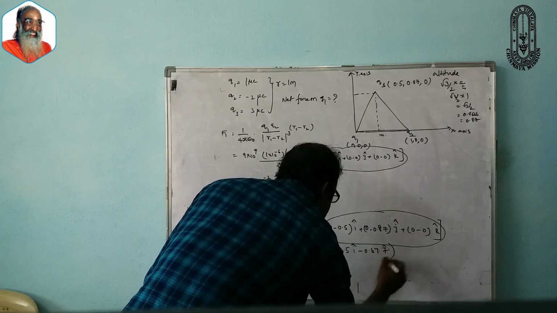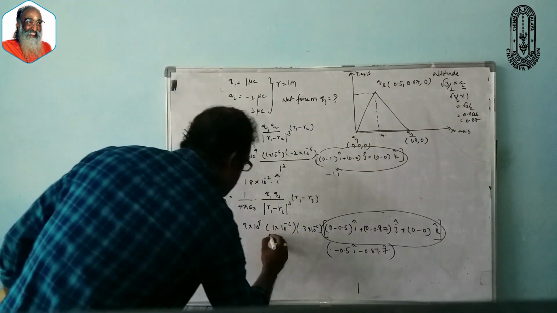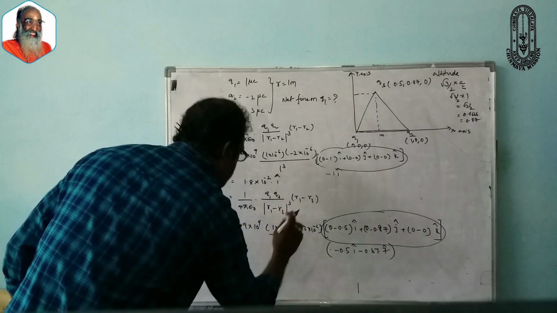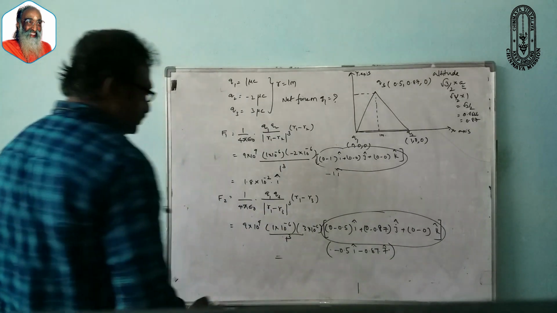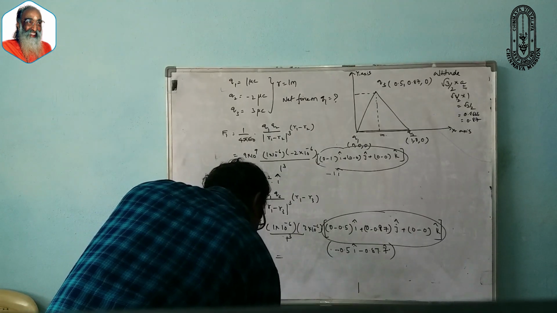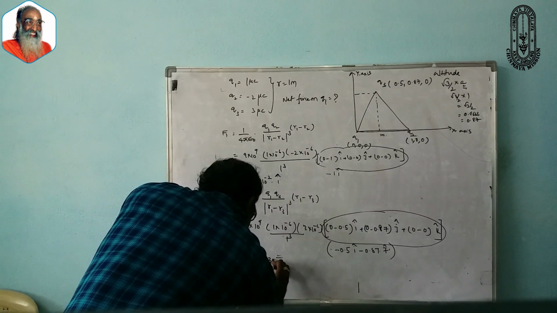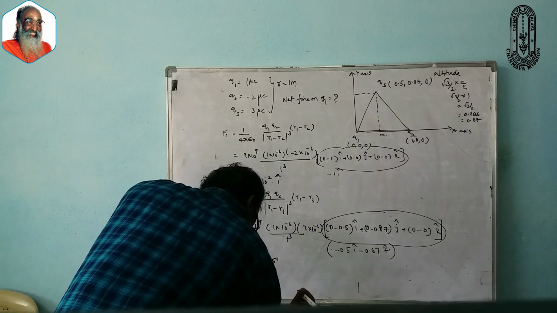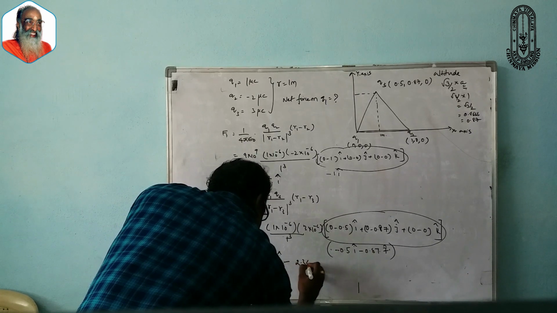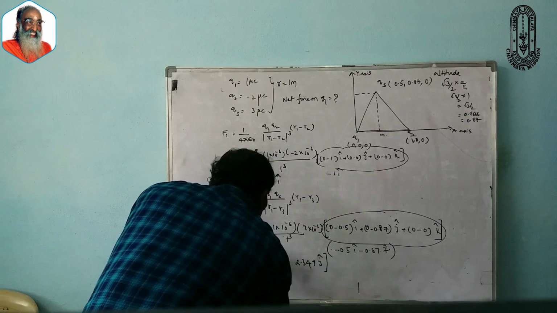By solving this, the magnitude of this R1 R3 is 1, and it is 1 cube. So now the value will be minus 1.35 I cap minus 2.349 J cap into 10 power minus 2 Newton.